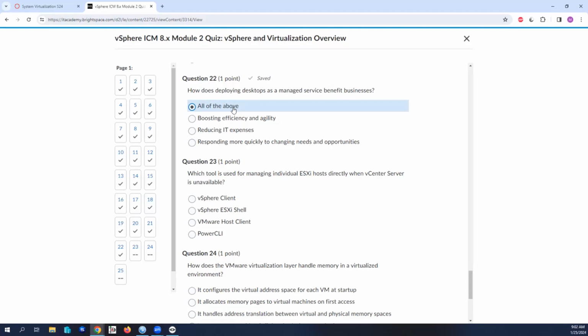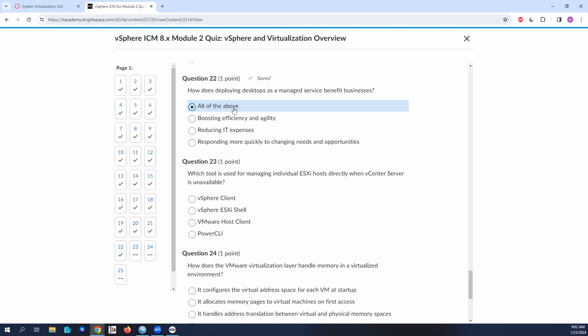We're looking for positives. Boosting efficiency and agility. That sounds like a positive. Reducing IT expense. That sounds positive. Responding more quickly to changing needs and opportunities. That sounds pretty positive. So it's asking for what are benefits? I'm reading three things that sound positive to me. I haven't really paid attention to what they're saying, but they sound positive, so it's probably all of the above.